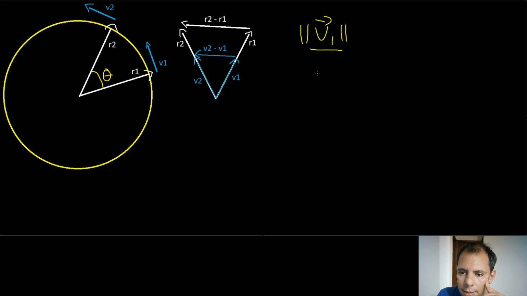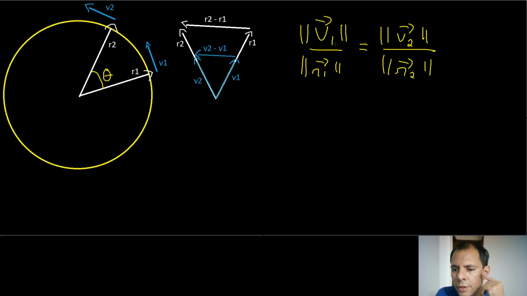The scalar of V1 divided by the scalar of R1 is going to be equal to the scalar of V2 divided by the scalar of R2.